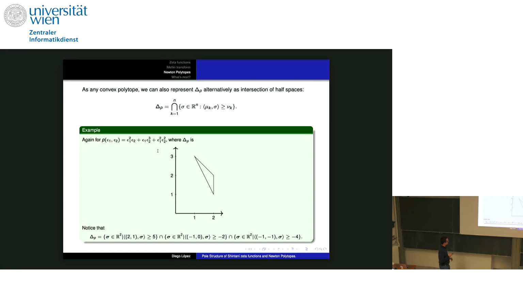The second one is related to this facet and goes in this direction, and the third one this facet and in this direction. Where these mu_k's are important and these nu_k's too. These mu_k's are integer vectors in the inward direction of the facet, orthogonal to the facet in the inward direction of the polytope.